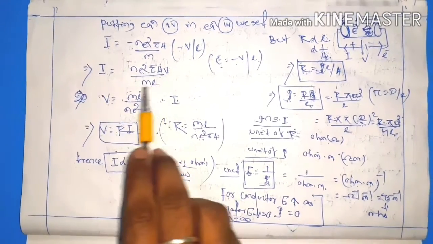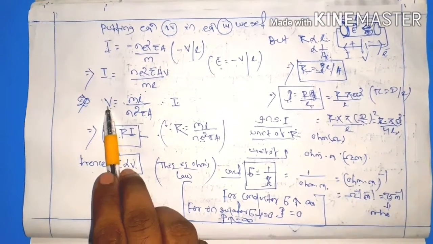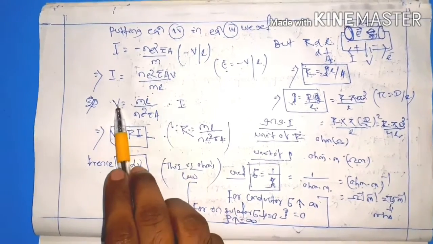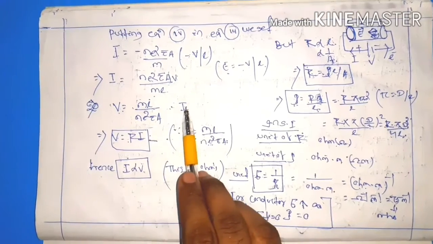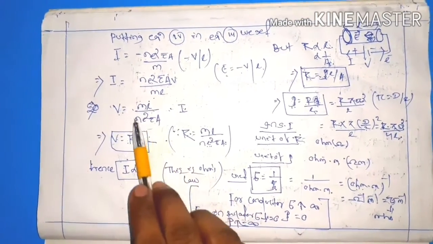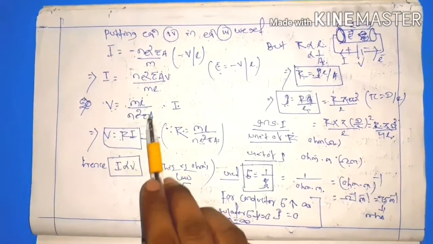So rearranging this term, taking V on the LHS and the rest of the terms on the RHS, V is equal to m L divided by N e square tau A into I. This term, m L divided by N e square tau A, is also known as the resistance of the given conductor.